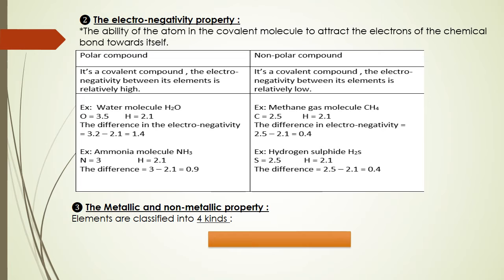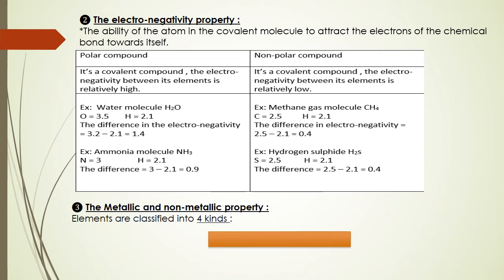If we take the difference between them, we have 1.4, so it's relatively high. Another example, in ammonia, nitrogen has the ability to attract electrons 3, and hydrogen 2.1. So the difference between them is 0.9, so it's relatively high.